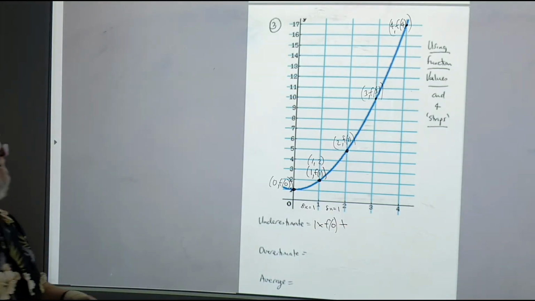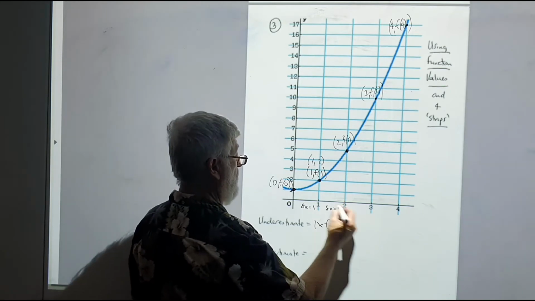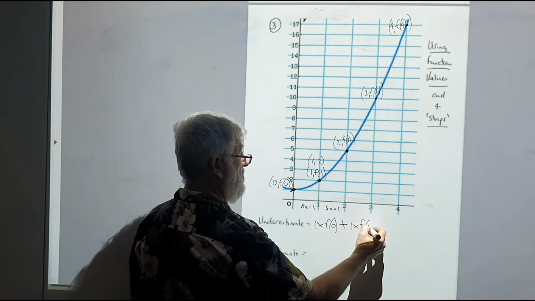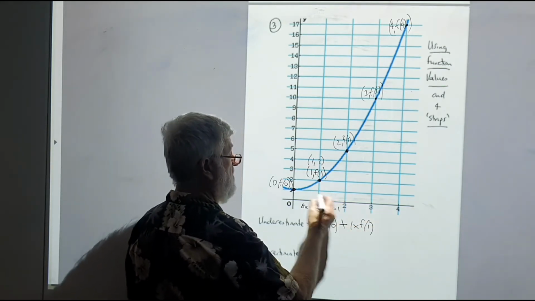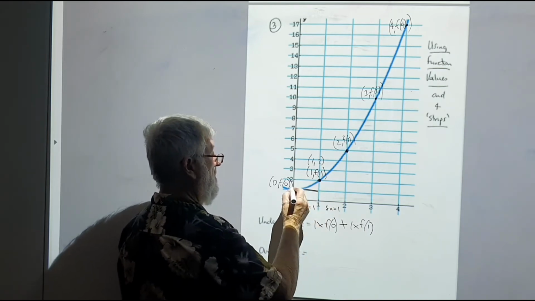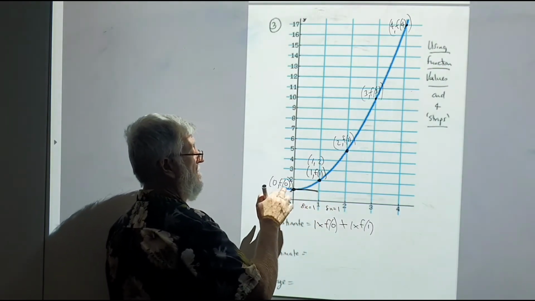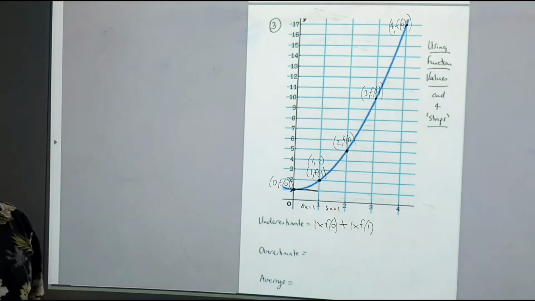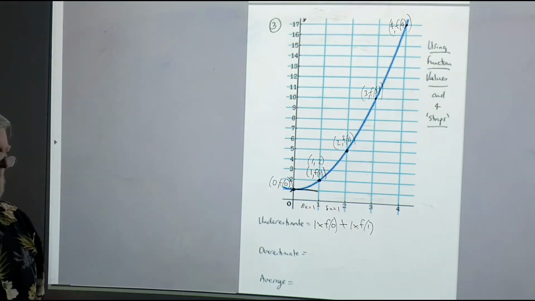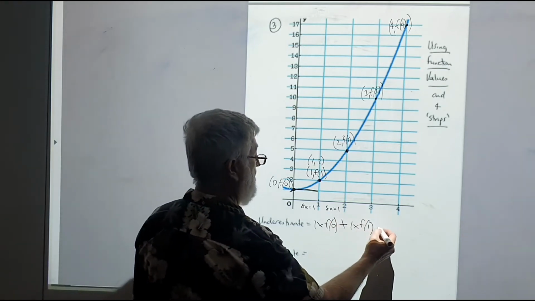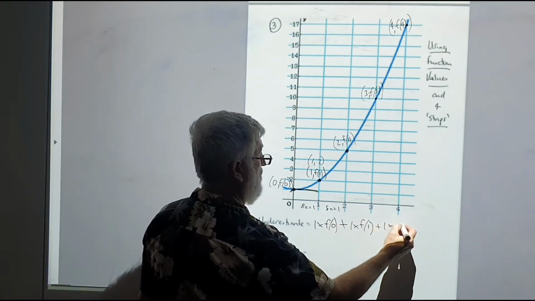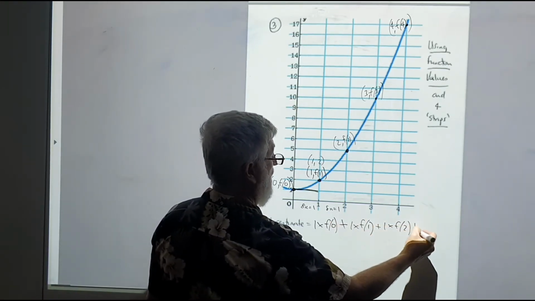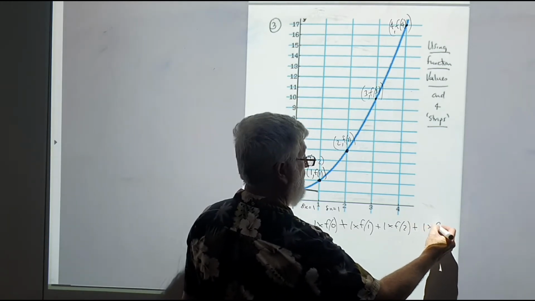Being fussy for a moment, it's a width of 1 times the function at 1. So this rectangle will go up here to the height, which is the function value at 0. I could have just said numbers, but we've done it already. So what's this one here then? The width by the function value at 2. And the last one is the width by the function value at 3.